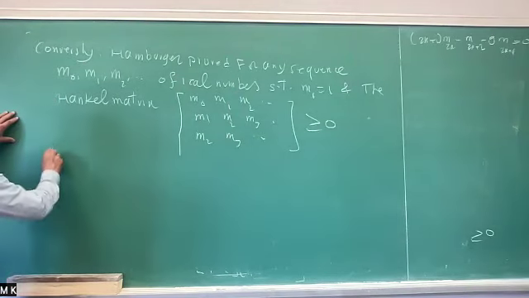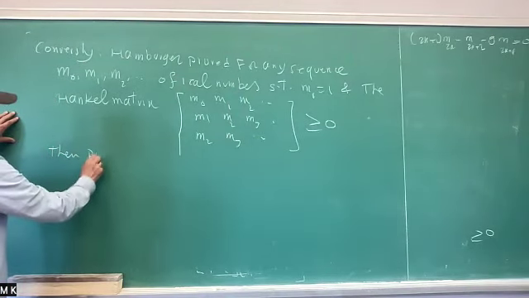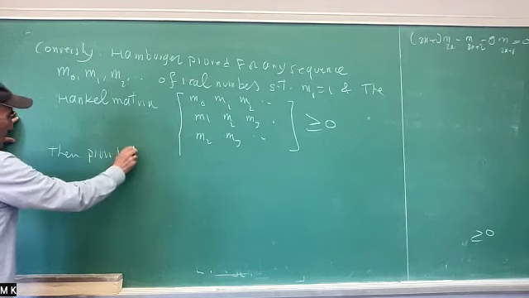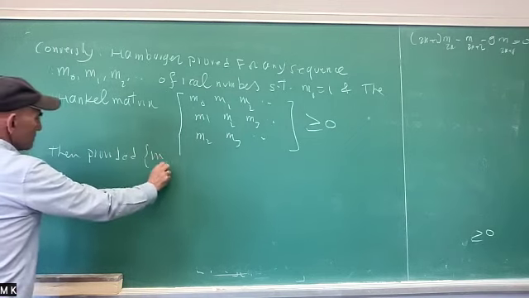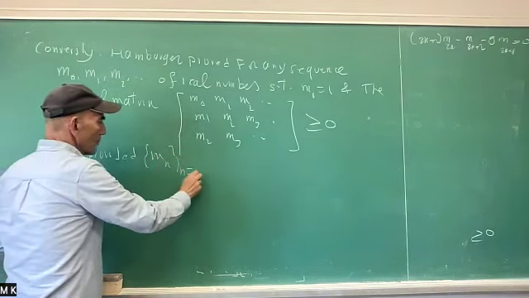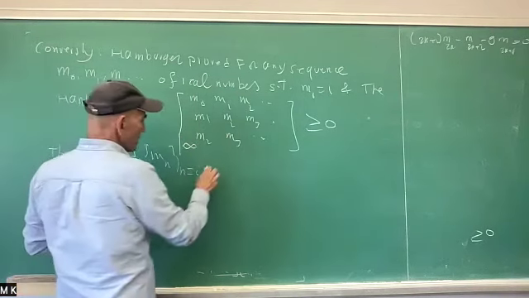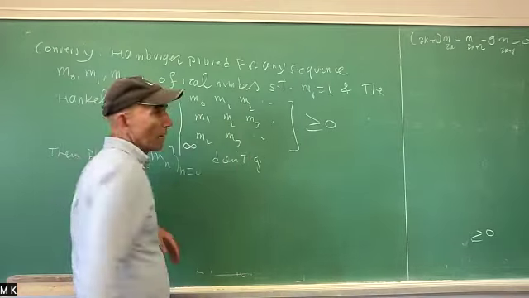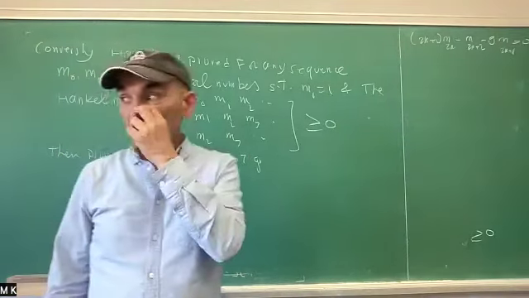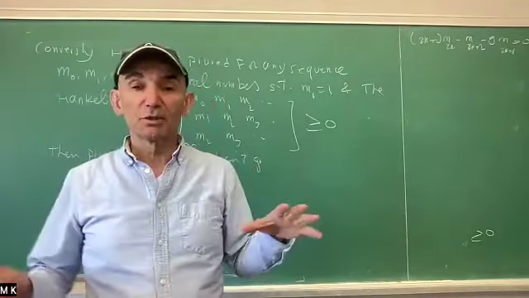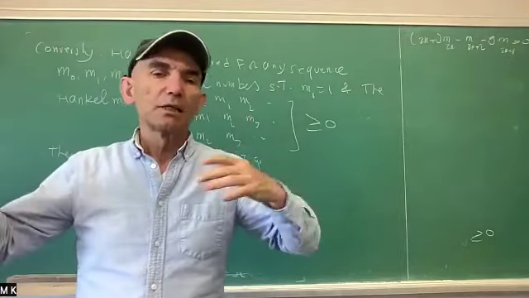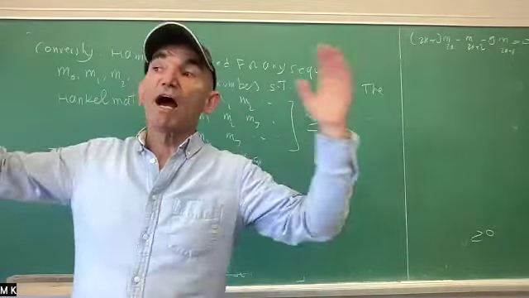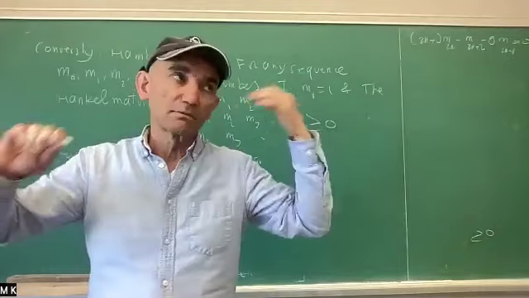Then, provided the m_n don't grow too fast. I don't remember the exact condition, but the idea is that they should not grow very fast. If they grow very fast, we cannot.